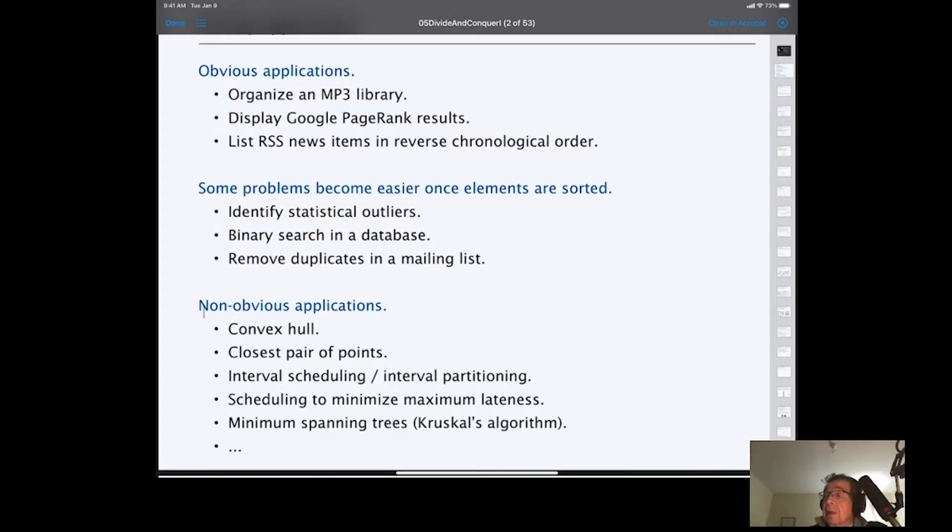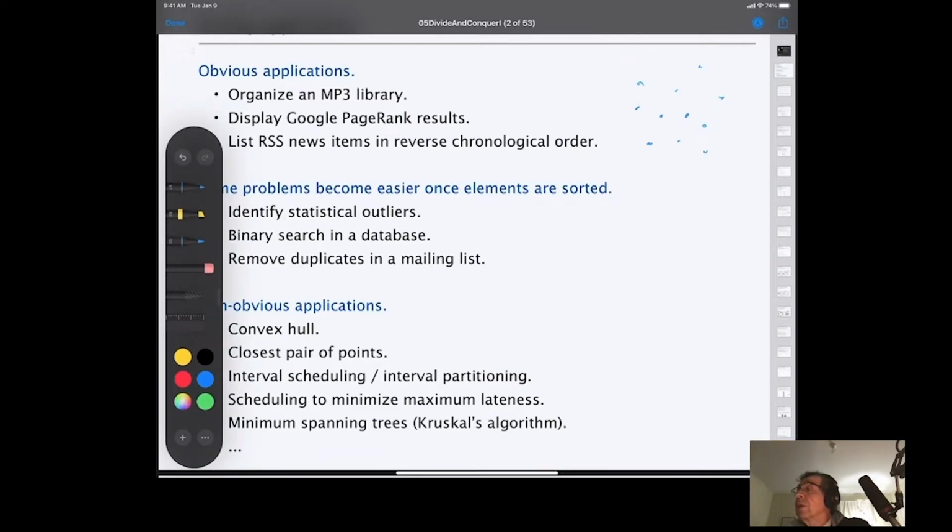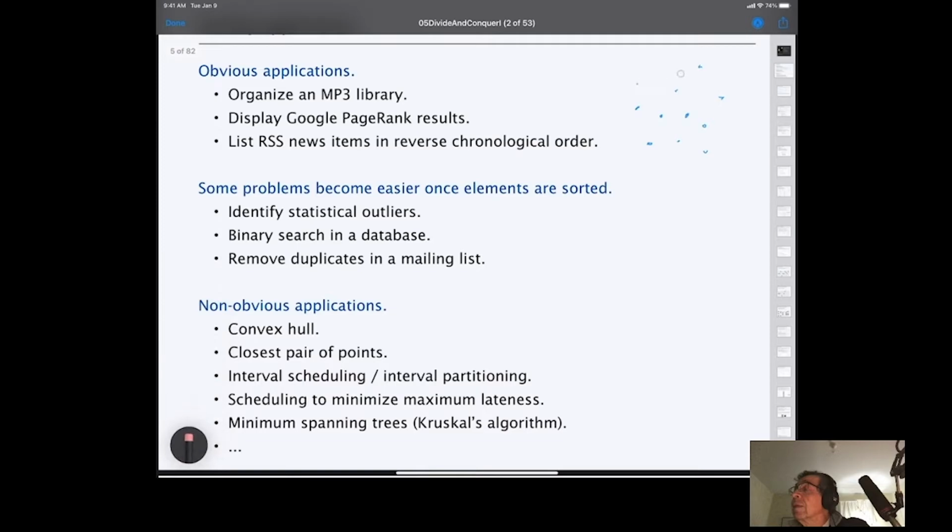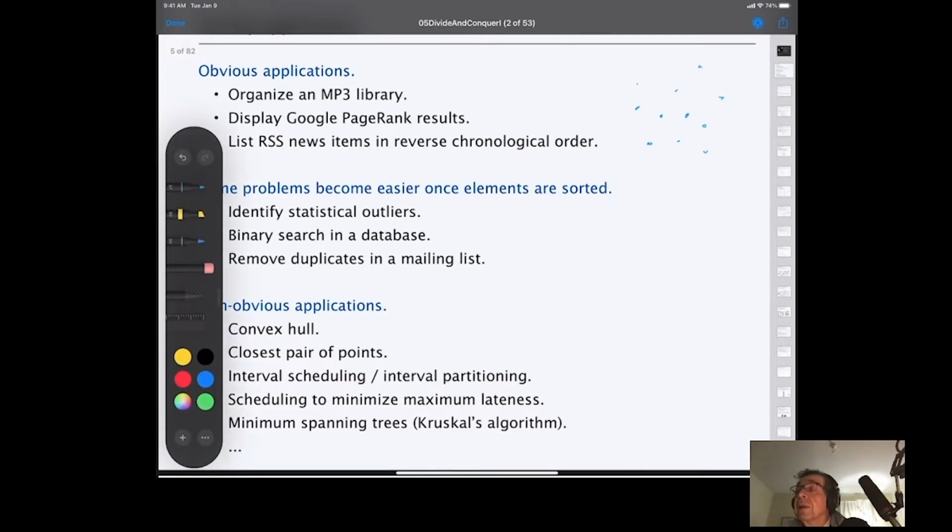For the convex hull, another problem of a geometric nature, we were given a set of endpoints in the space, as I'm trying to depict here, and then we want to find the smallest set of points that contains all the points. That smallest set is given by the convex hull, and the convex hull would be this one.